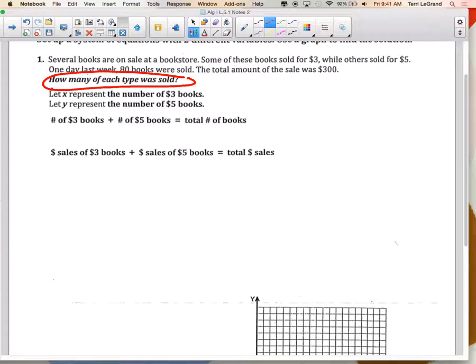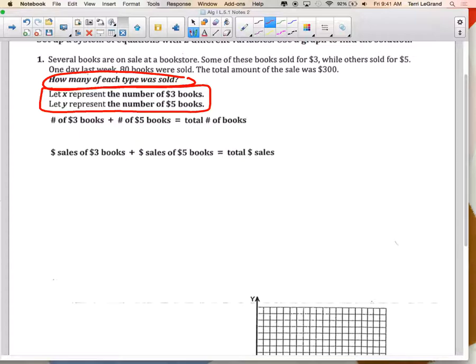We're always going to describe, so again, let's put a box around that. We're always going to describe the variables. So let X represent the number of $3 books, Y represent the number of $5 books. Okay, I've written out a couple of word sentences to help us set up equations then.